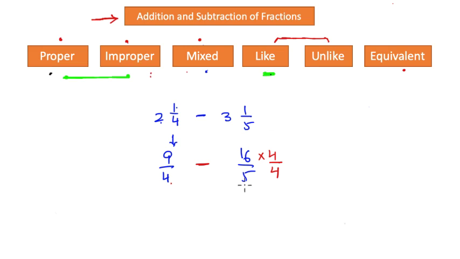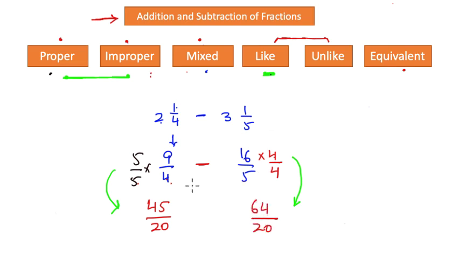And then I take 5, which is the second denominator, and I use that in multiplication with fraction 1. Okay, now you have two different fractions, right? And they will be equivalent to their original form. And the result will be 9 times 5 is 45, with 4 times 5 becoming 20. And on the right hand side, it becomes 16 times 4 is 64, and the bottom is 20.